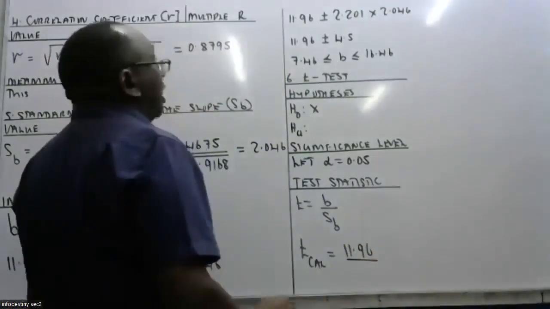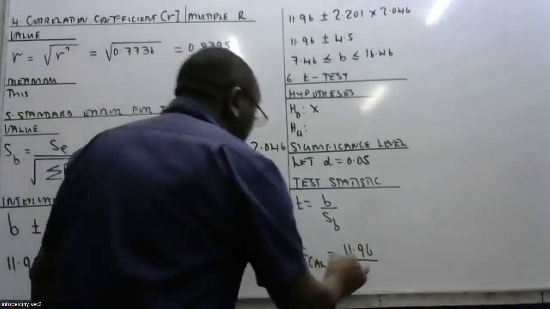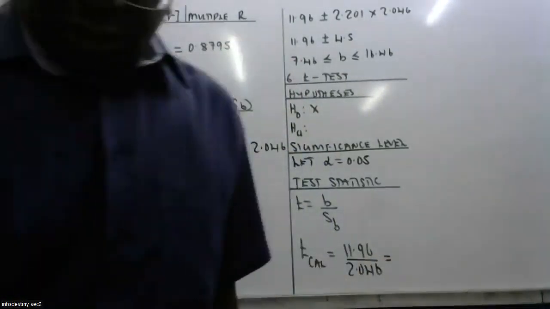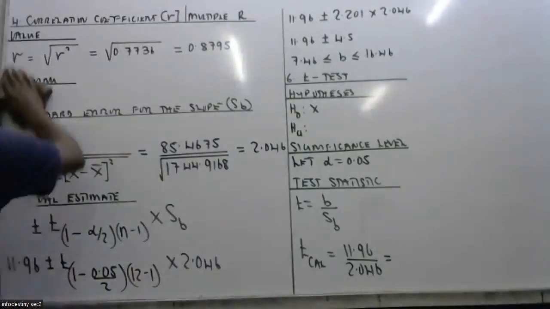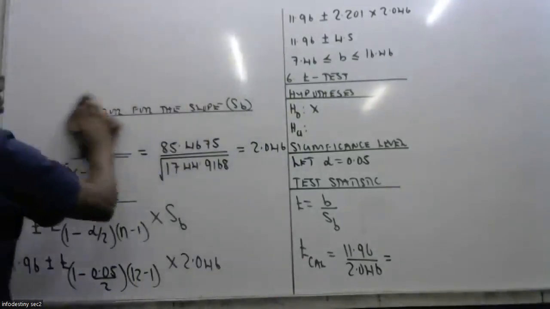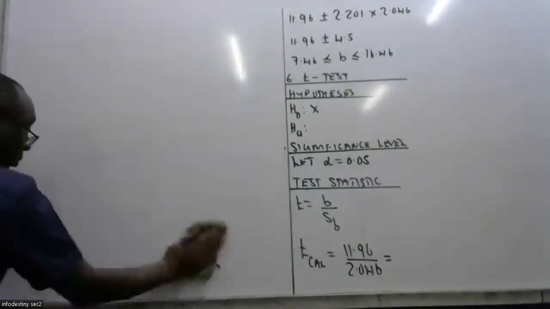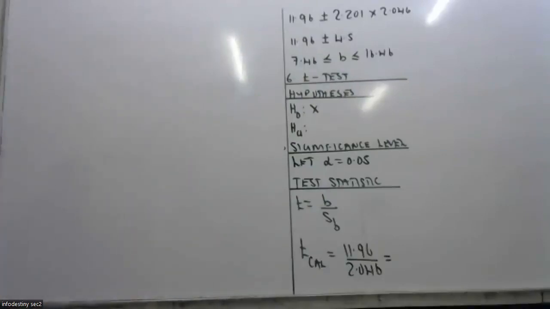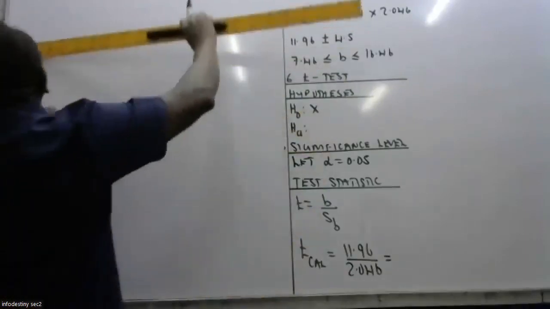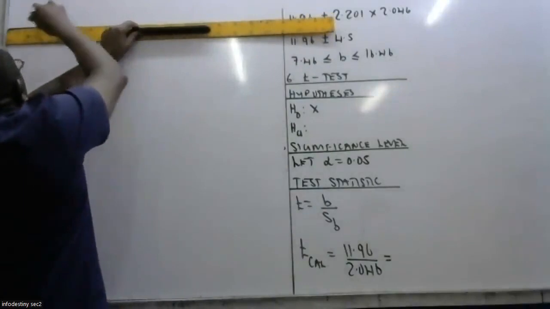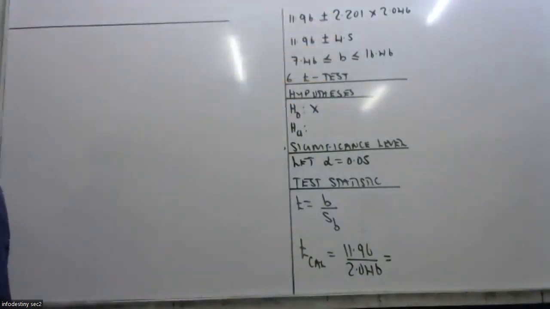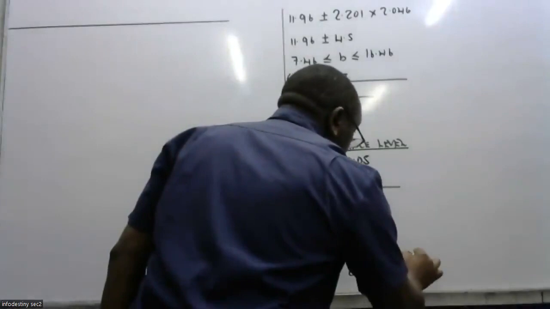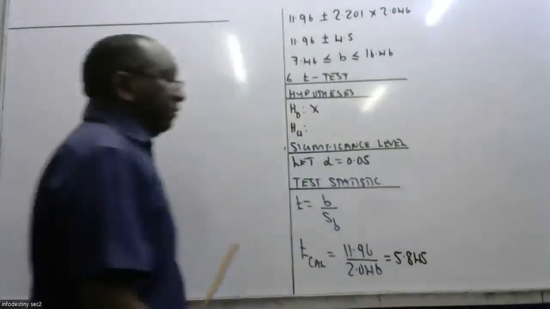You divide by the error we had gotten, 2.046. I get 5.8455.